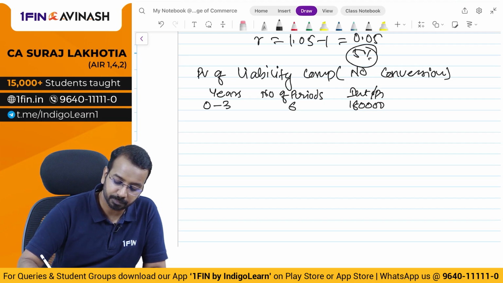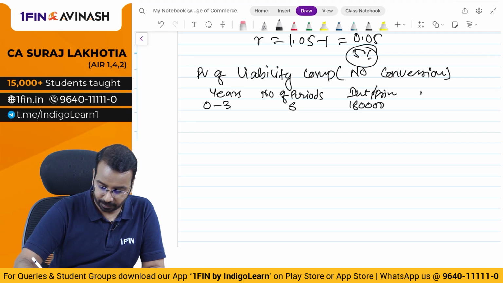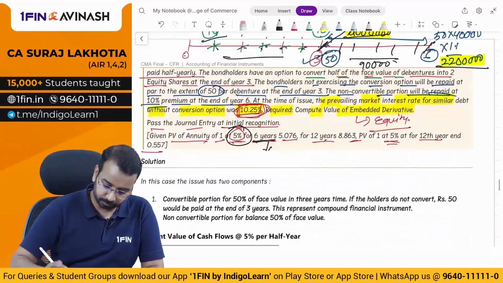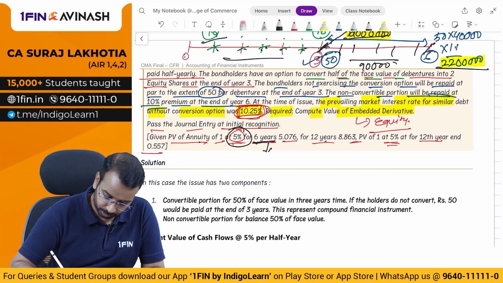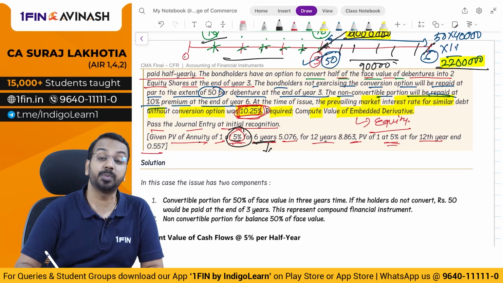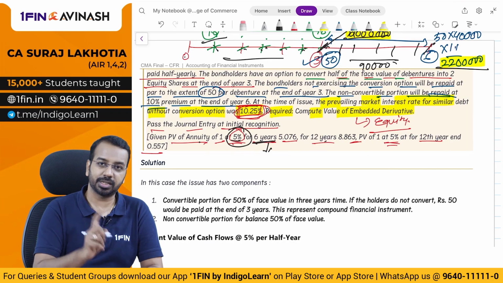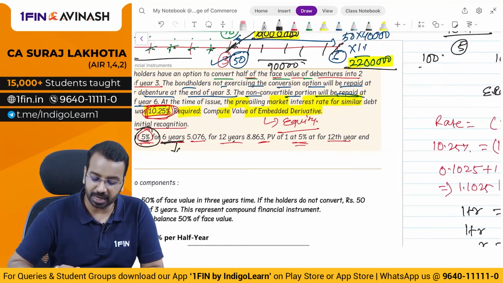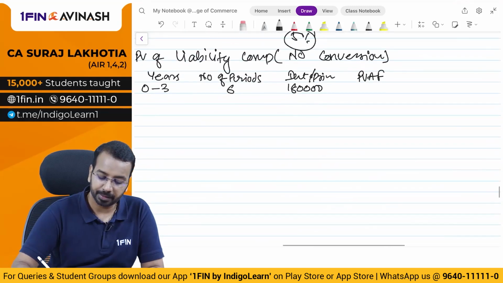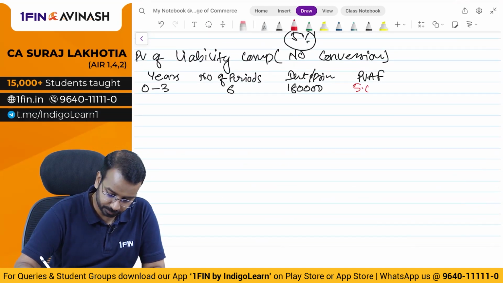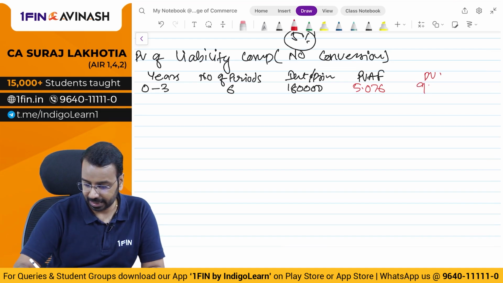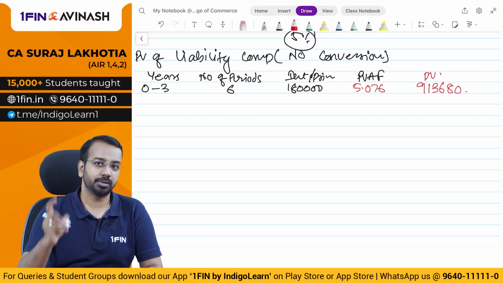Present value annuity factor for 5% for 6 periods. Whether it is 6 years or 6 periods, the number is the same. Why 6 periods? 6 times interest is being paid. How much is that? 5.076. So what is the present value? 1,80,000 into 5.076. The present value is 9,13,680. This is the first thing.